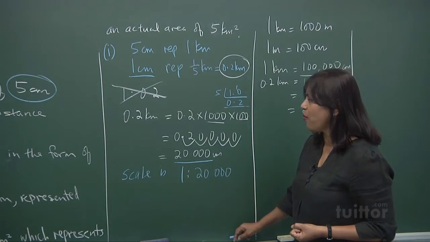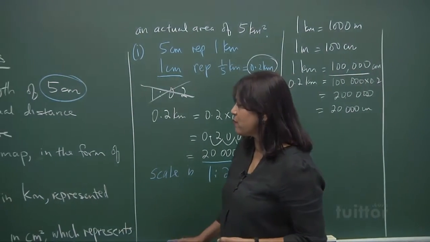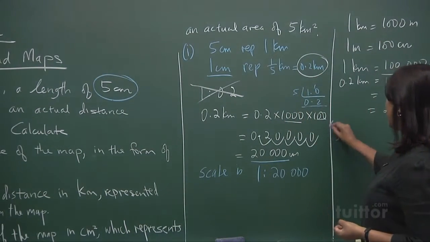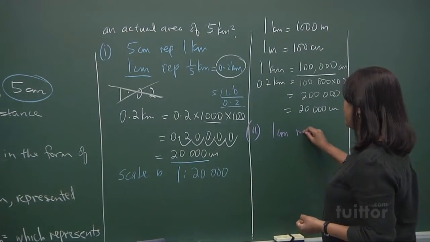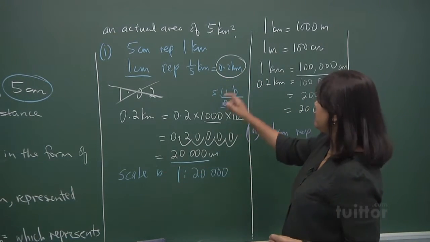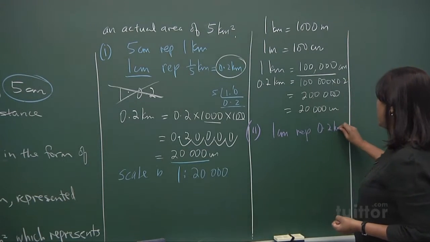Alright, that's part 1. Now the part 2, the actual distance represented by 12 cm. So what is 12 cm? Now you know that 1 cm represents, now we go because they want it in kilometers. So 1 cm represents 0.2 km.